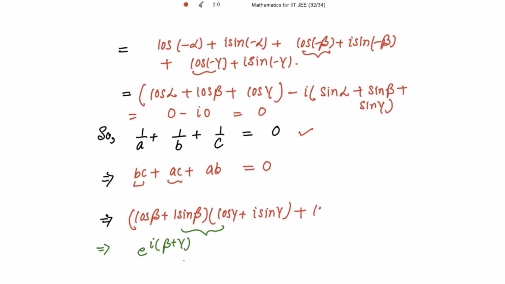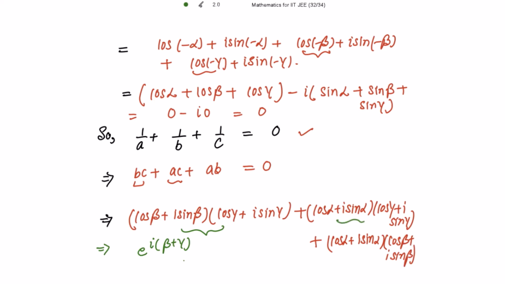What is A? It is cos alpha plus iota sine alpha, and C is cos gamma plus iota sine gamma, plus this AB, that is (cos alpha plus iota sine alpha) into (cos beta plus iota sine beta).